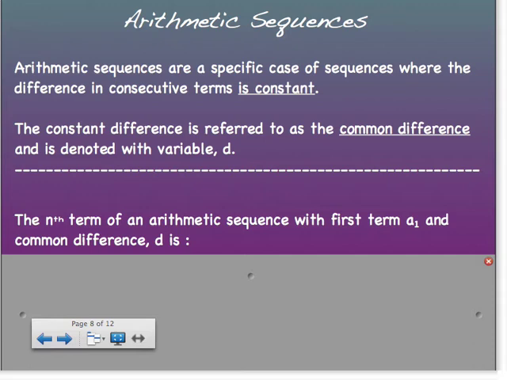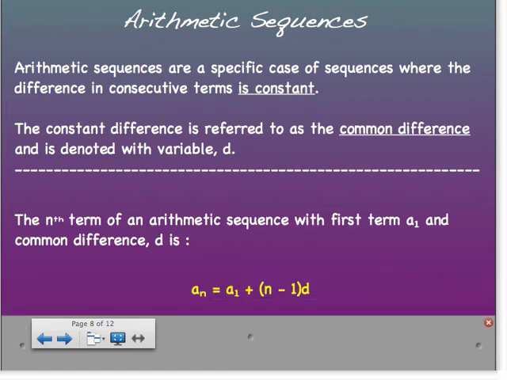The nth term of an arithmetic sequence, with the first term being denoted as a sub 1, so notice that I'm starting with n equals 1, the first term being 1, and the common difference D is this: a sub n is equal to a sub 1 plus the quantity n minus 1 times D. Again, a sub n equals a sub 1 plus the quantity n minus 1 times D. In general, this is the rule for this type of sequence, when there's a common difference, and we call this an arithmetic sequence.